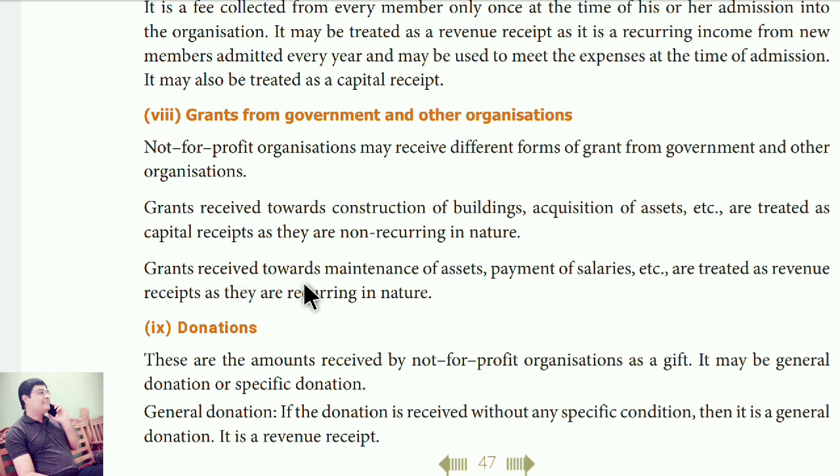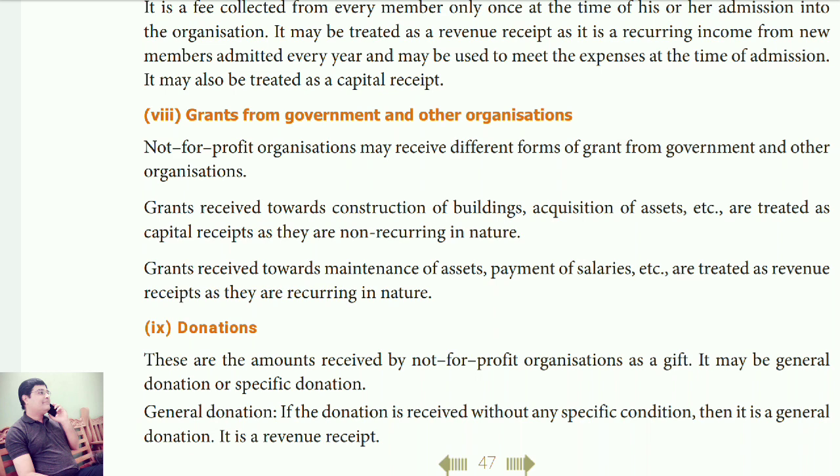Grant received towards maintenance of assets, payment of salary, etc. are treated as revenue receipts as they are recurring in nature. So day-to-day expenses will come under revenue receipt and revenue expenditure.